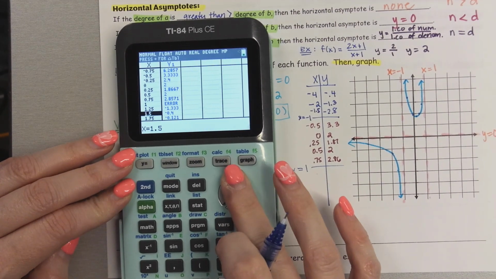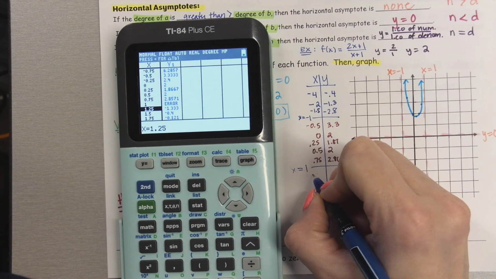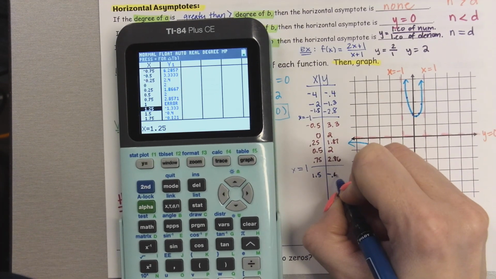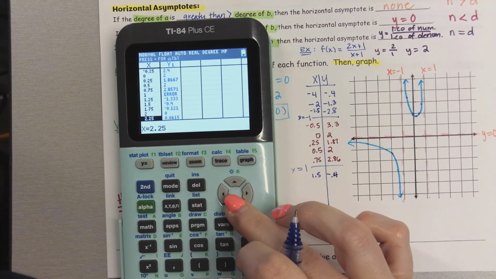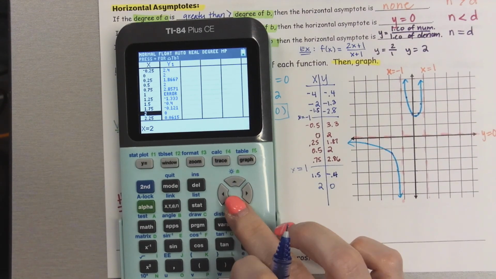All right, and then with the last one, 1.5, I'm at negative 0.4. At 2, I'm at 0.